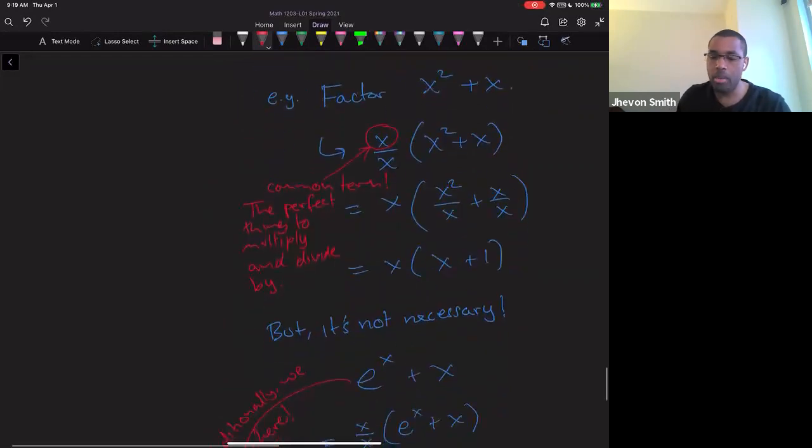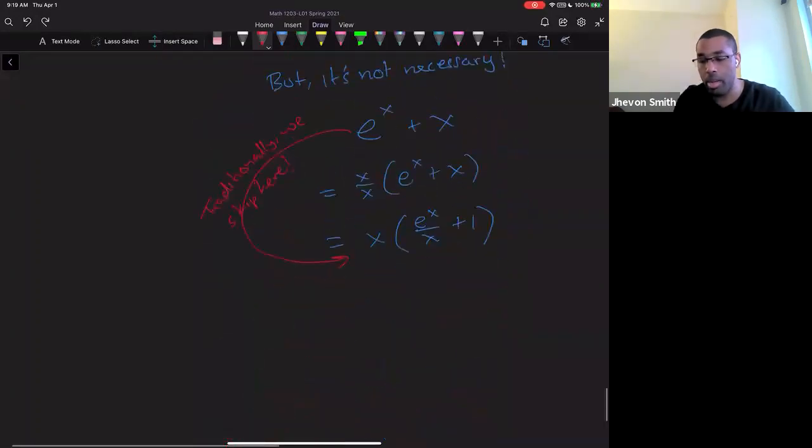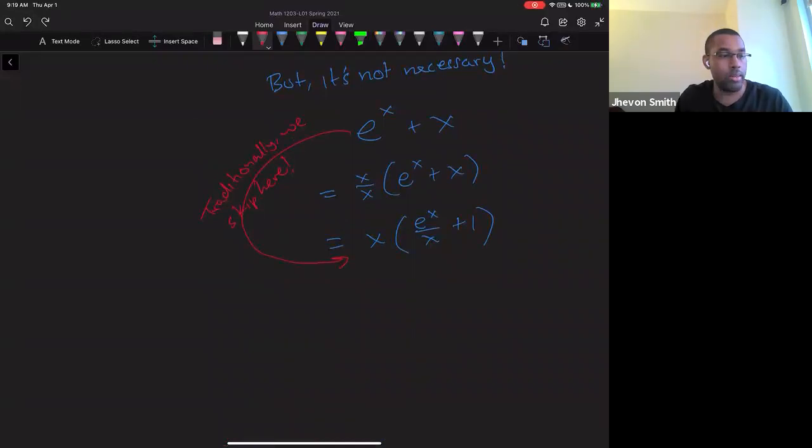And the reason is because factoring out is like multiplying and dividing by the same thing. And we know we can't divide by 0. So 0 is the exception to this. You can't factor 0 out of anything because then you have zeros in all the denominators. But you can factor anything else out of anything else. So that is what we're going to do.